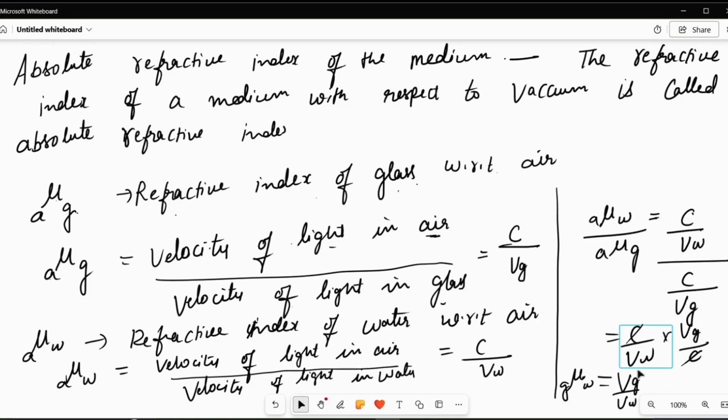We will get Vg by Vw. So Vg by Vw means light is moving from glass to water. That we call the refractive index of water with respect to glass. So if you know the absolute refractive indices of any two media, from that we can calculate the refractive index when light moves from one medium to the other.